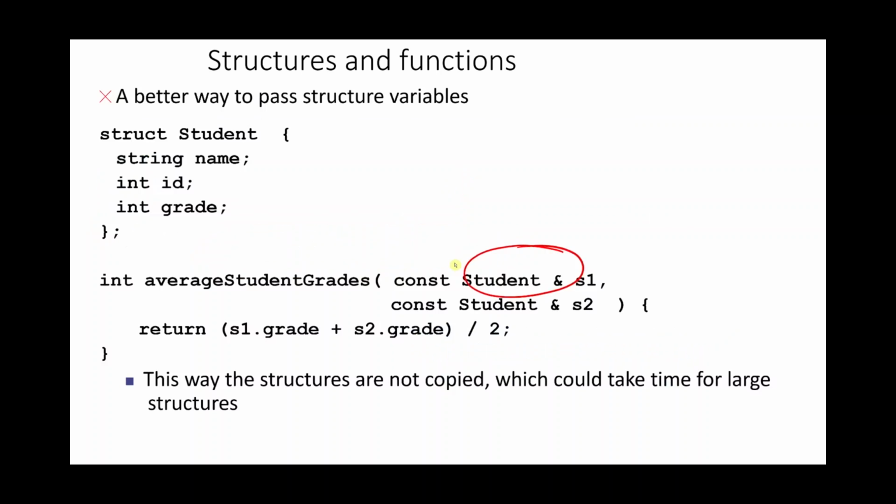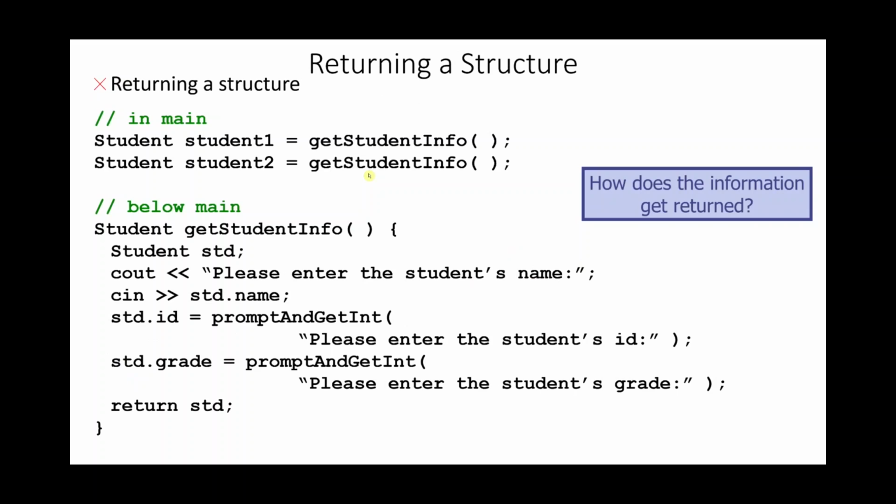So we spend much time and memory copying and pasting. This way, we get to use exactly the one we are passing. So this is going to save some time and some memory. So having them as reference variables, and we said that in previous lectures.